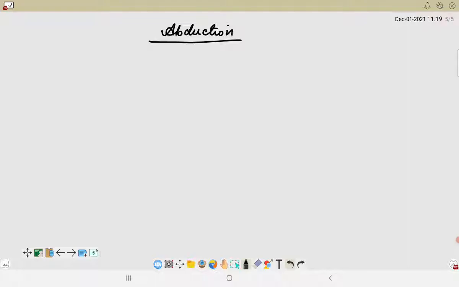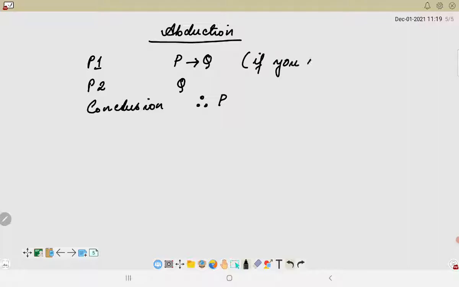Okay, so abduction. Premise 1: if P is true then Q is true. Premise 2: Q is true. Therefore the conclusion is P is true. Now can we take an example for it? Premise 1: if you work hard then you will be successful.